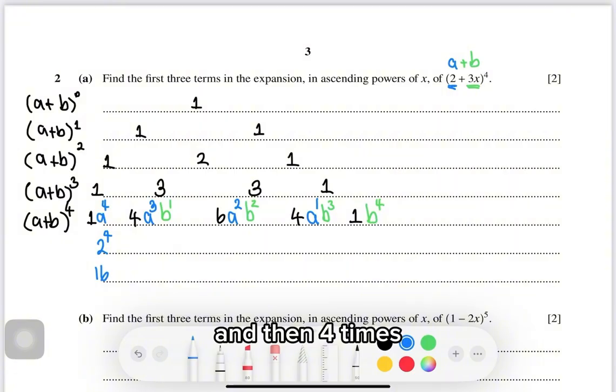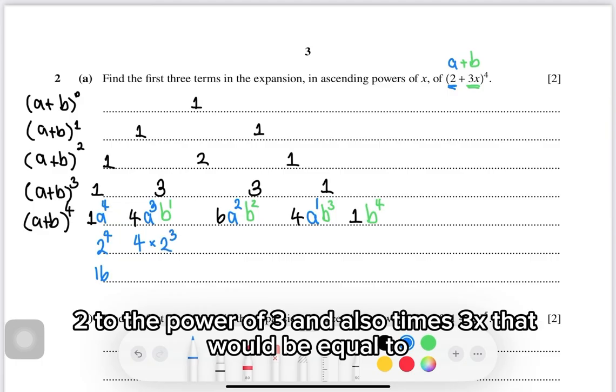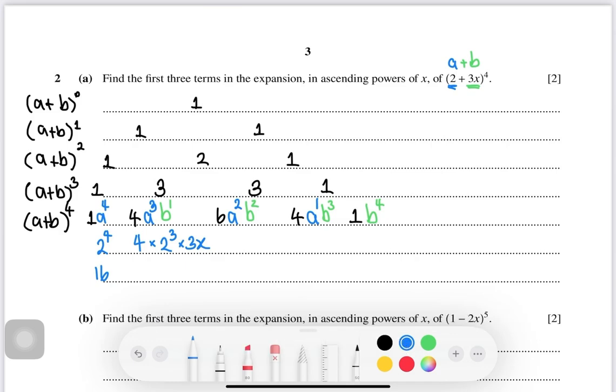And then 4 times 2 to the power of 3, and also times 3x, that would be equal to 96x.